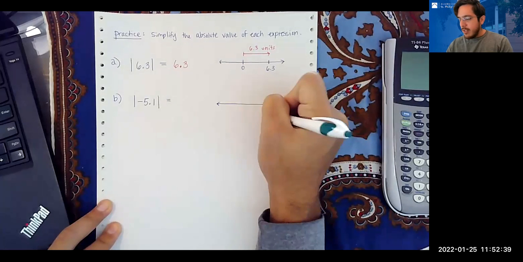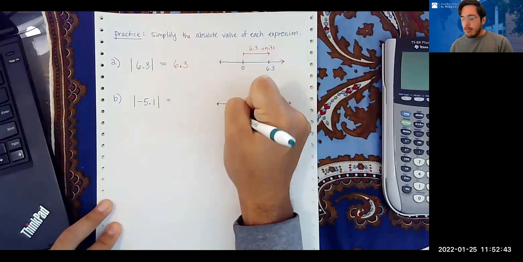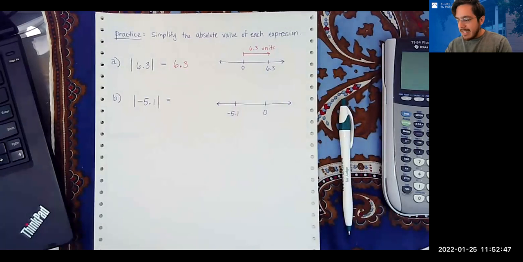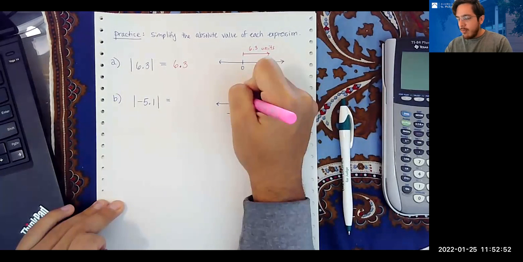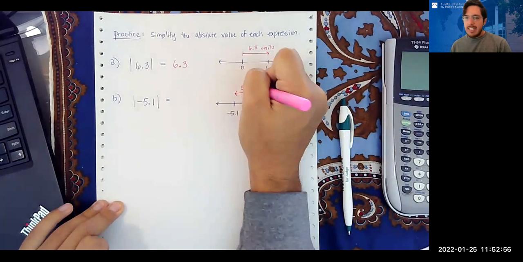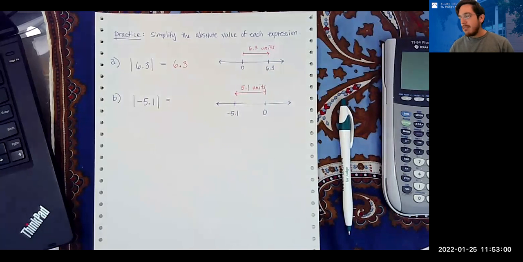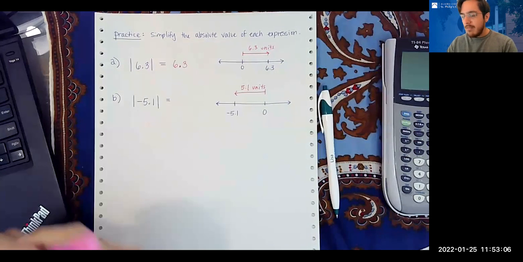If I walk to negative 5.1 on the number line, I know that I've walked in the left direction, but if I was just concerned with how many steps I had to take to get there, not the direction, I know that I've moved 5.1 units in some direction. 5.1 units is the distance that I've traveled. So that should be the answer here. The absolute value of negative 5.1 is just 5.1.